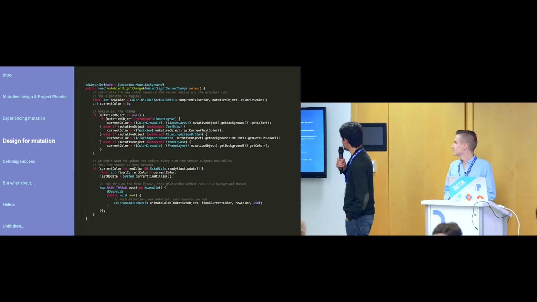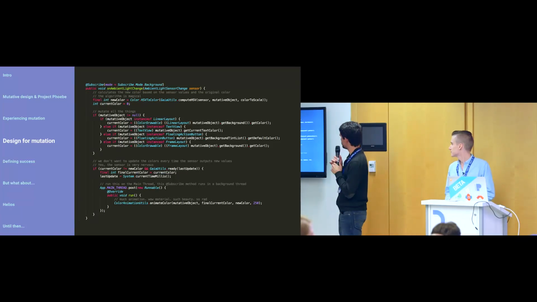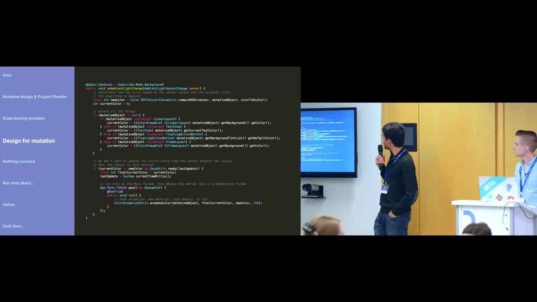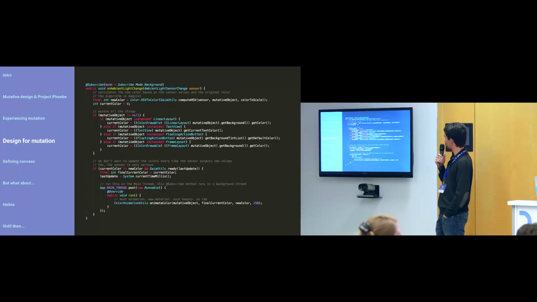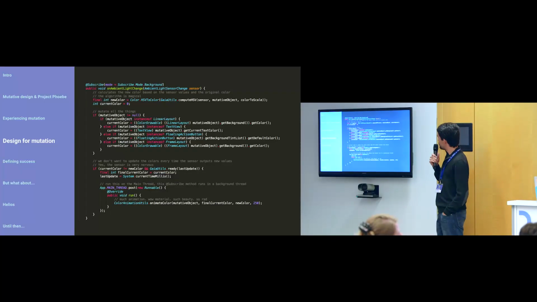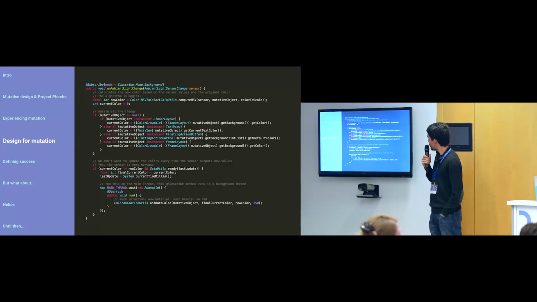Yeah, sure. This is just a sample code of what I've done for this. First, we get the light sensor value from Android, and then we calculate the color based on that light value. Based on that, we apply the background color, for example for a text view or floating action button, using a magical calculation that we came up with.